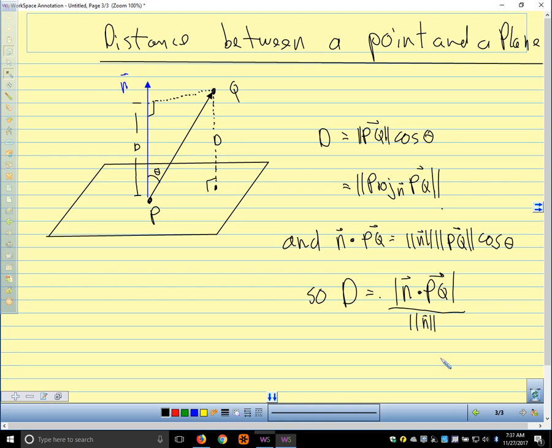So we can use the dot product to find the distance between the point and the line, or the plane, sorry. We use the dot product to find the distance between a point and the plane.